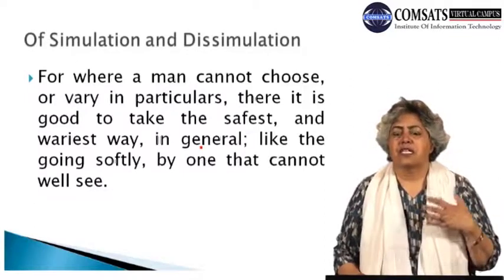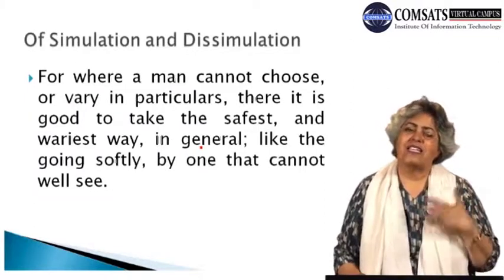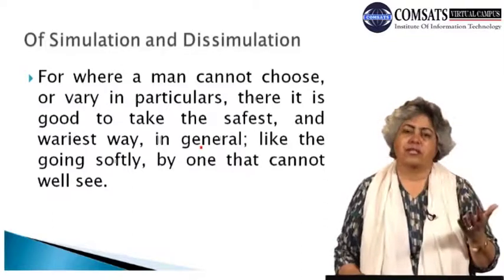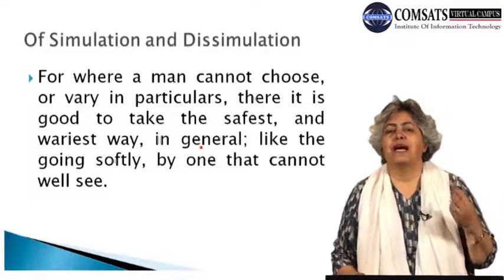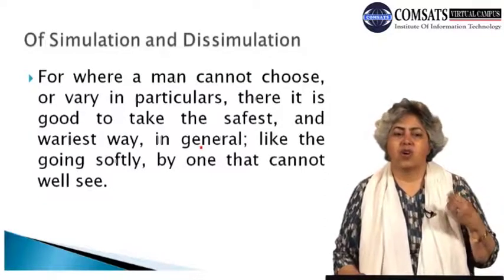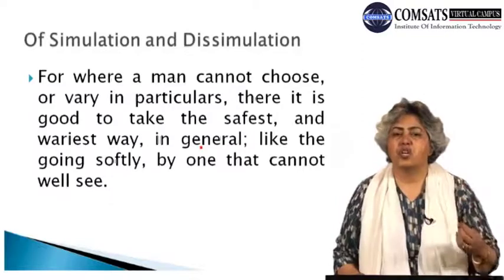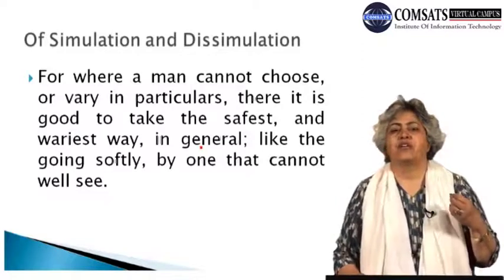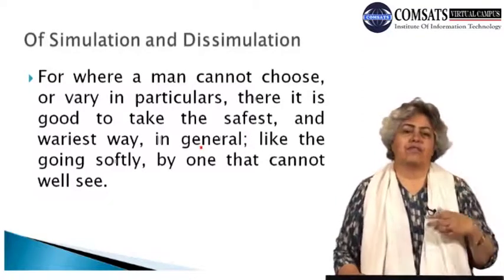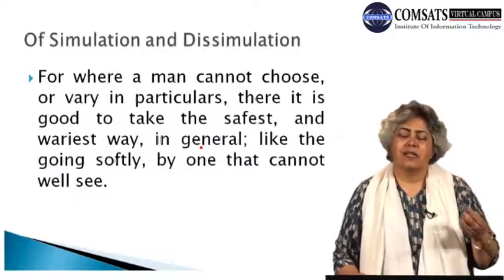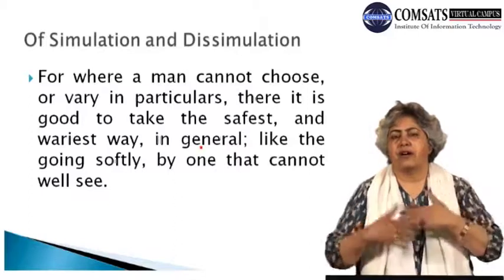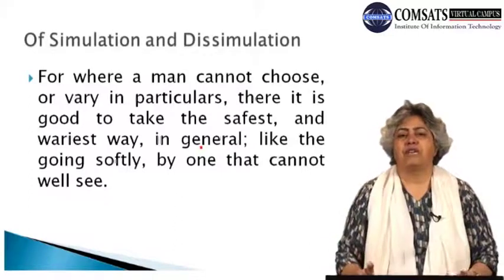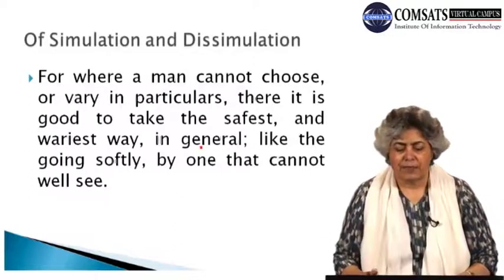In other words, such people will need to dissimulate, just as a man who is blind walks very slowly because he's afraid of running into someone, he's afraid of being hit, he's afraid because he cannot match the speed of a person who can see.